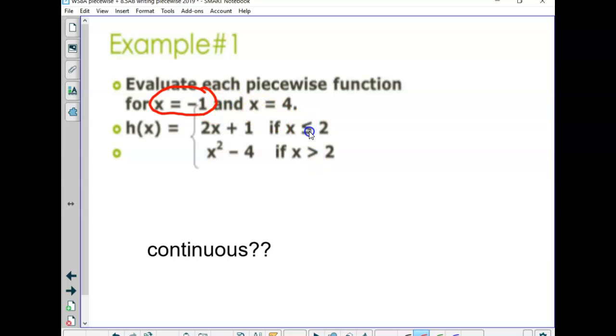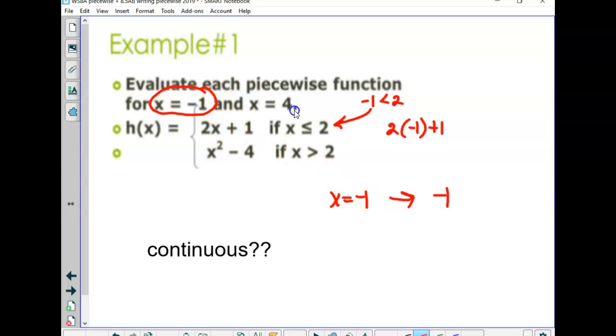Negative 1 is less than 2, so I'm on this rule. So 2 times negative 1 plus 1 would mean negative 2 plus 1, which is negative 1. So if we put in x equals negative 1, we got out a negative 1.